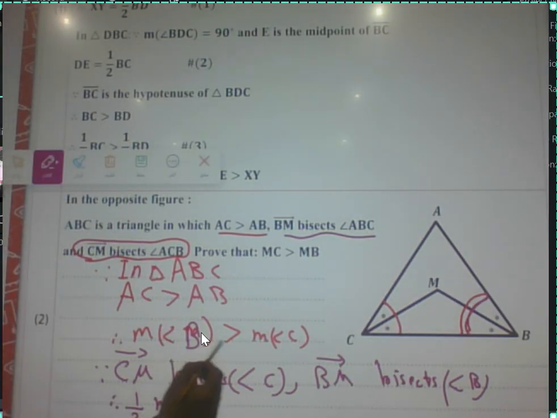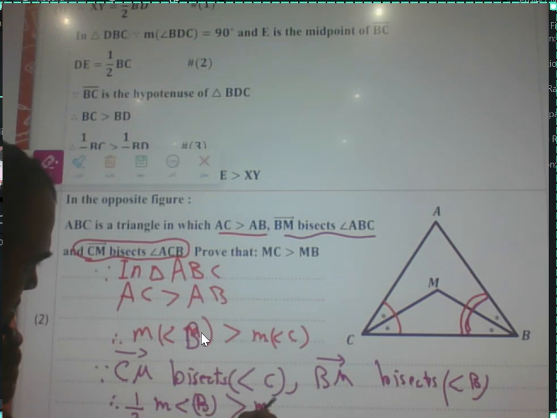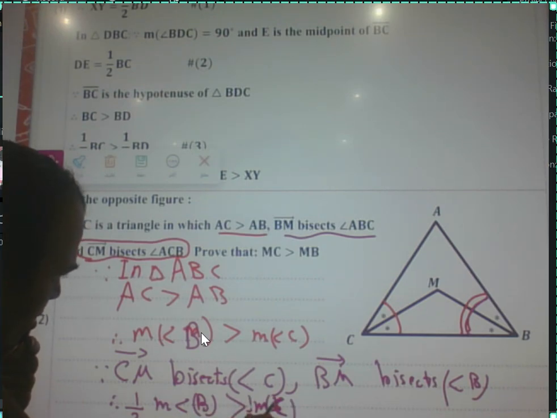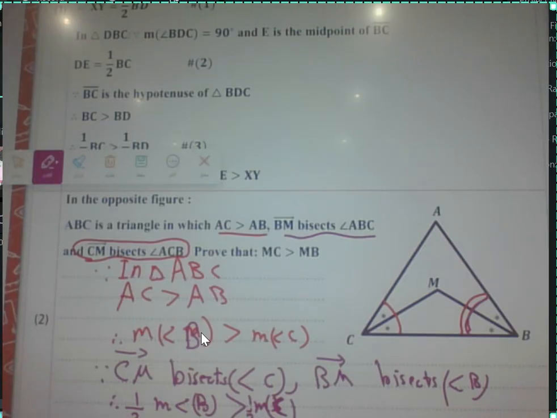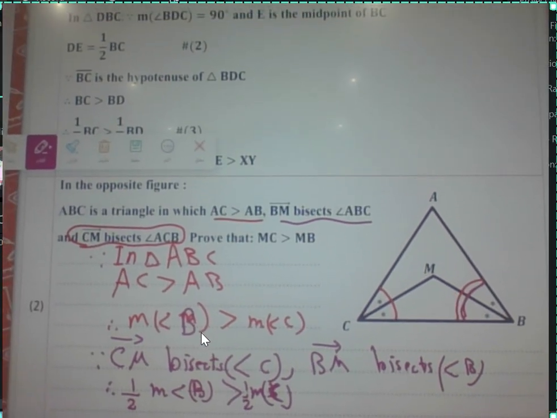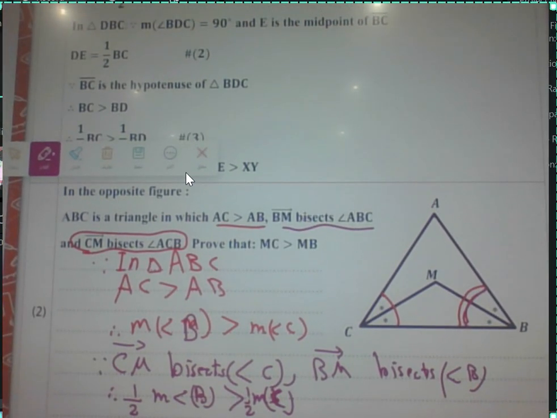Then we can divide by 2 on the left-hand side and the right-hand side. Half of angle B is greater than half of angle C. Okay, my students, understood? What about half of this angle?